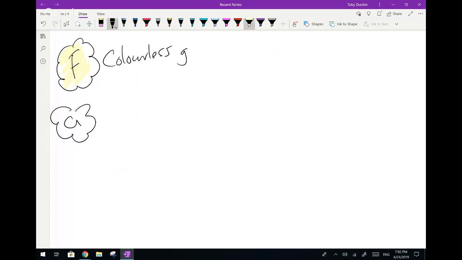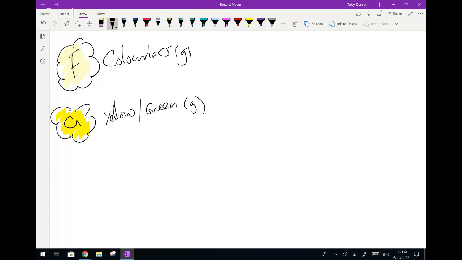Okay, so chlorine is another nasty element, and she's a green gas. Now, by the way, she is a green gas. However, because it's very rare to see quantities of chlorine high enough to see her green color, we tend to describe her as a yellow gas. Both of those, yellow/green gas.